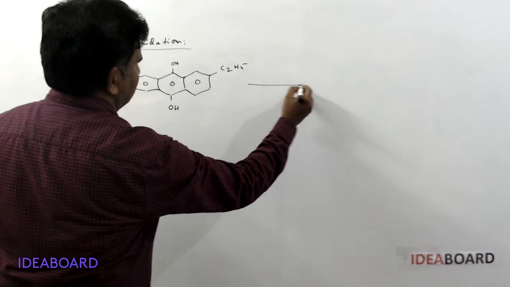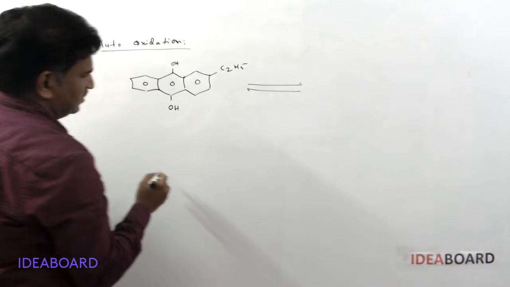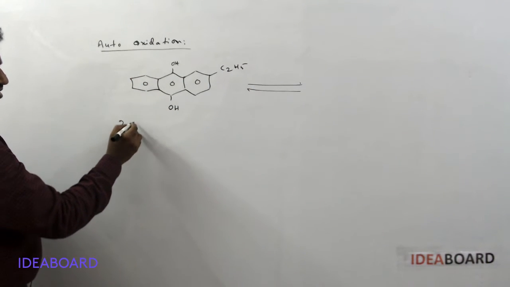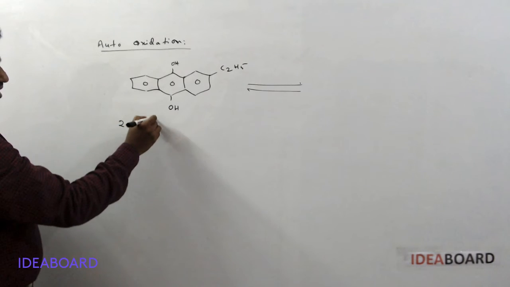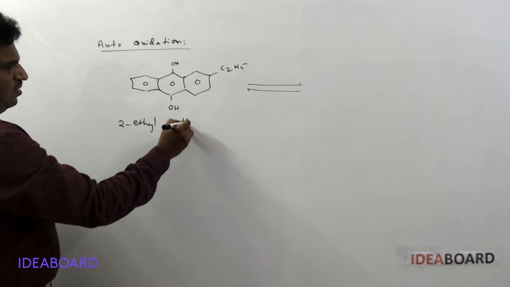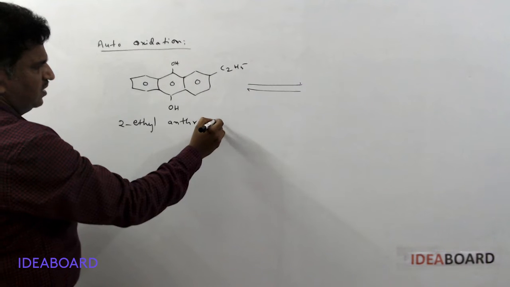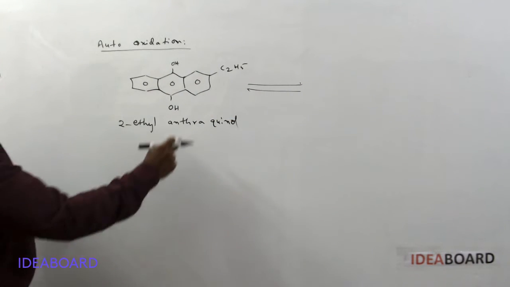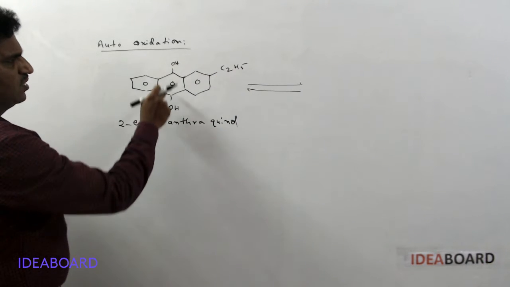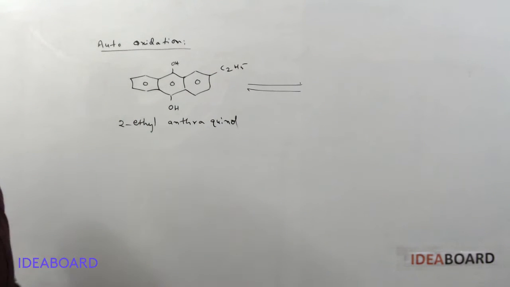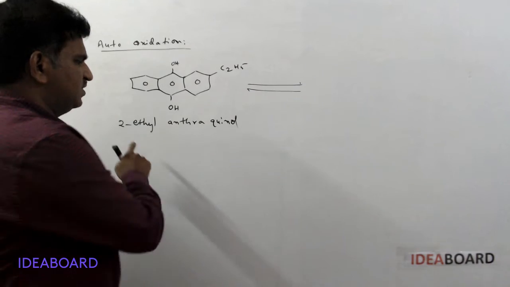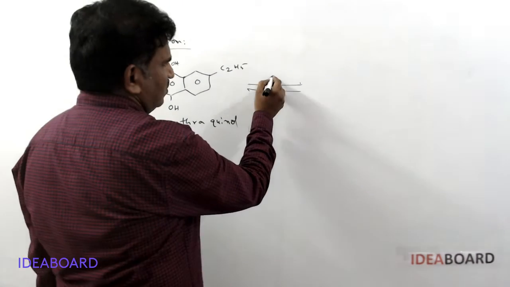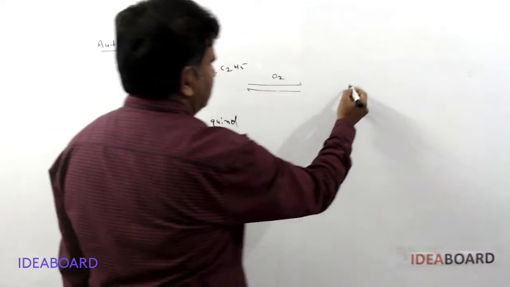This is the reactant taken in this process, and it is called 2-ethyl anthraquinol. At the second place there is a C2H5 group and the 2 OH groups present make it a quinol, 2-ethyl anthraquinol.